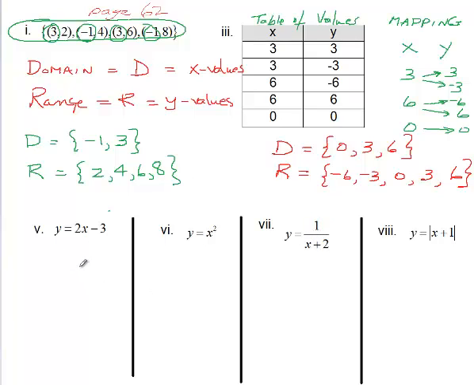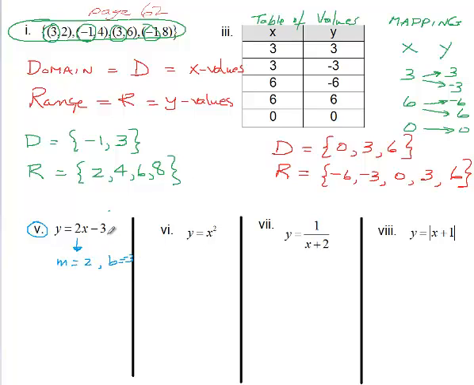Now it'd be much easier if we could look at the graph of these. So let's look at the first one here, under the letter V, number 5: y equals 2x minus 3. You should recognize that already. You should recognize that as a line, as a linear function, where you have a slope of 2 and a y-intercept of negative 3.